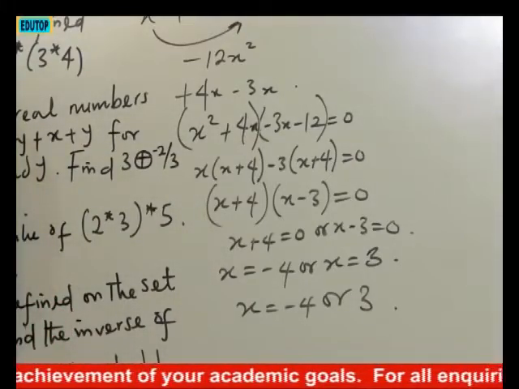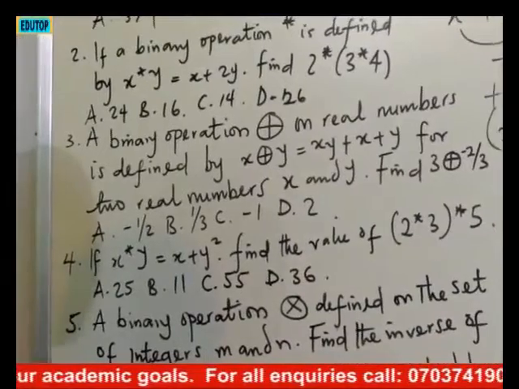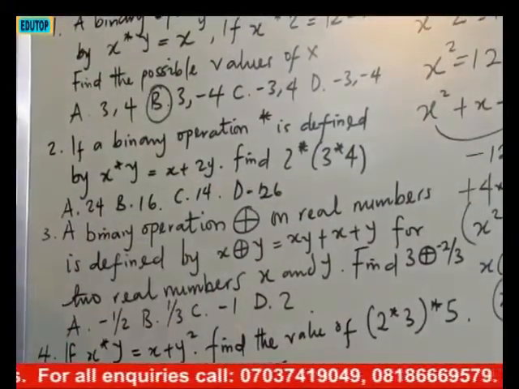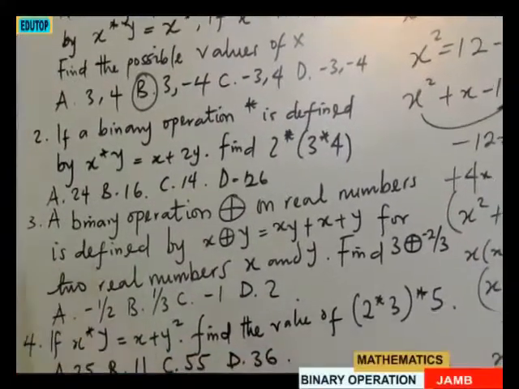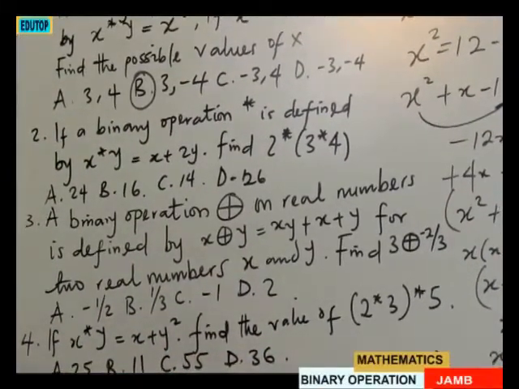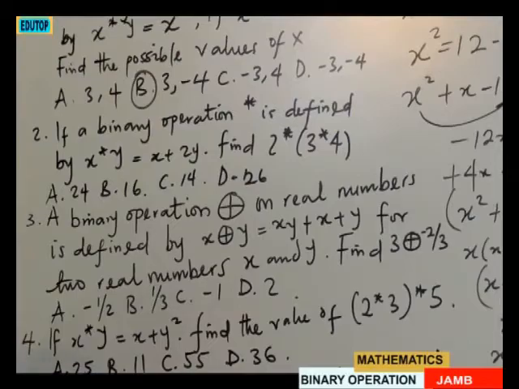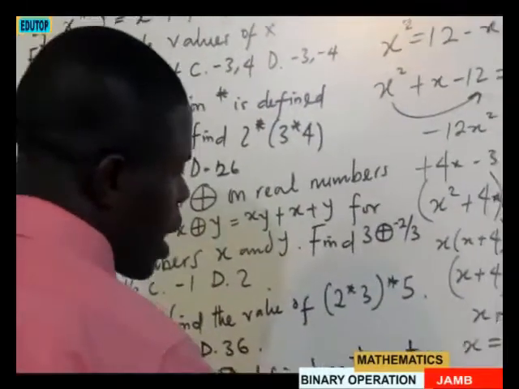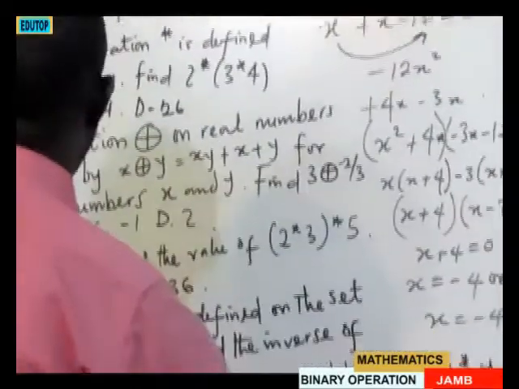So we'll go to our options and see the one that fits in. In this first case, we have 3, minus 4, so that would definitely be option B. The second question says that if a binary operation star is defined by this, find this. So in this situation, we have the operation x star y, and it's defined as x plus 2y.